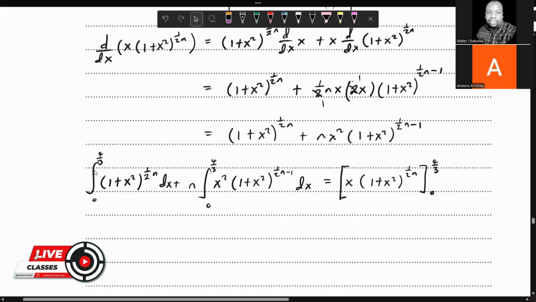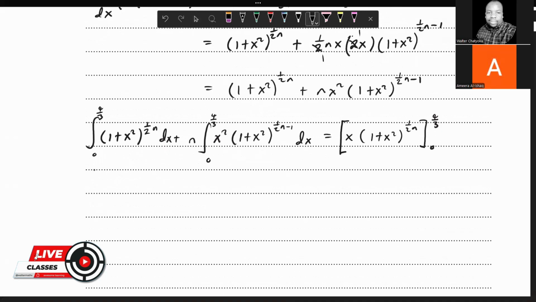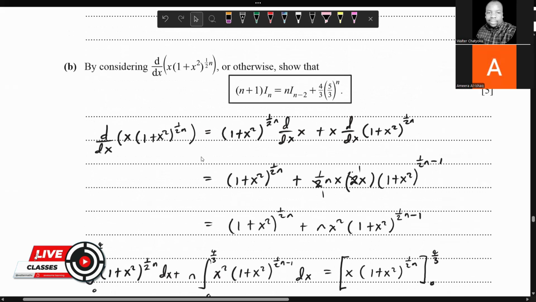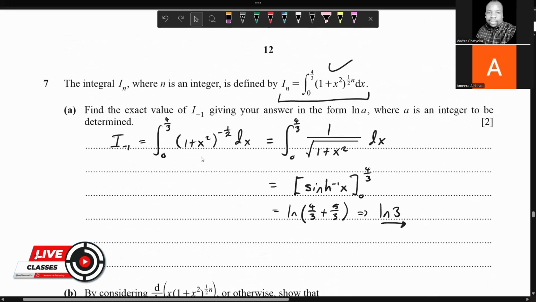So we have I sub n here, and then plus n of. And for this particular part, we also want it in the same form so that we can use the I sub n formula for it.